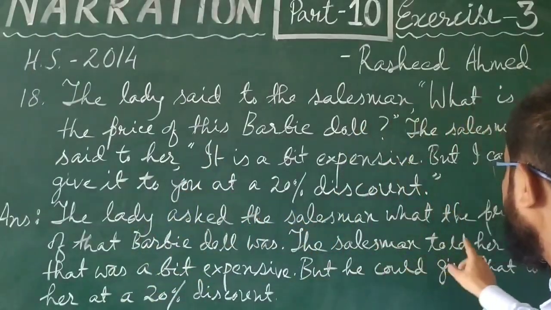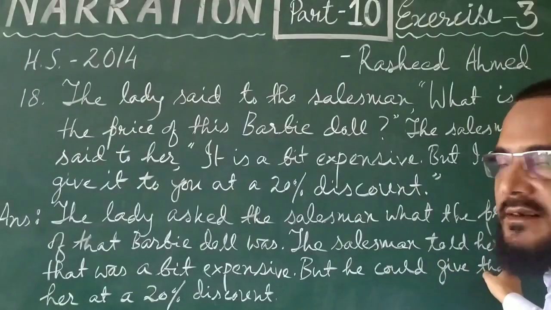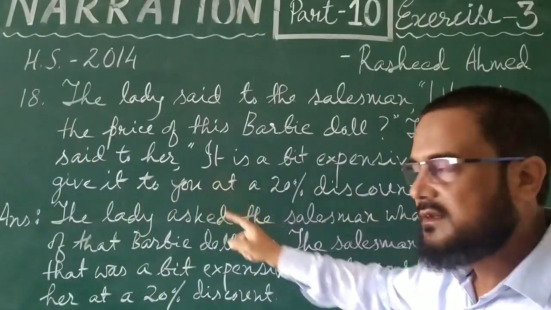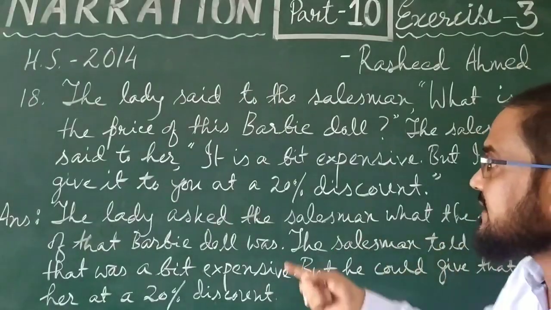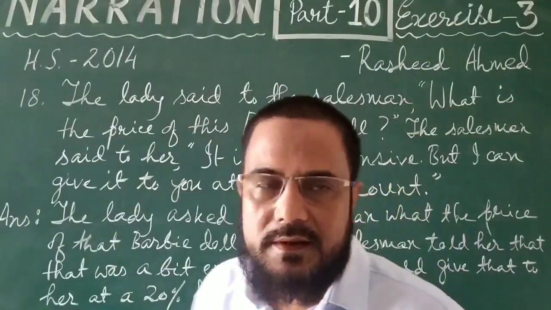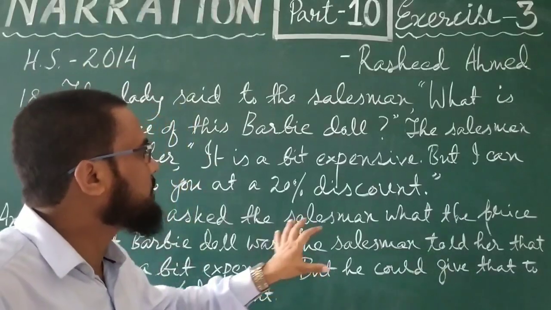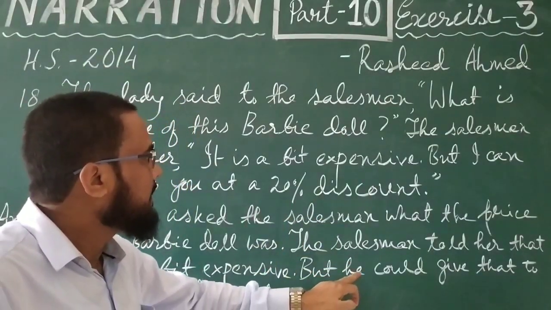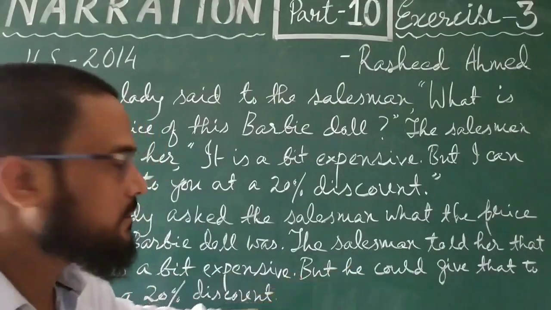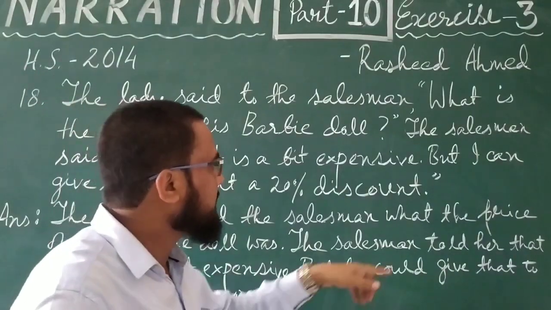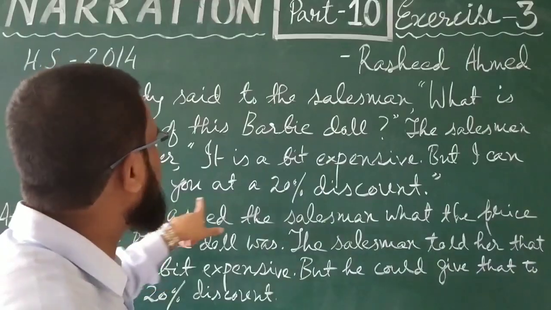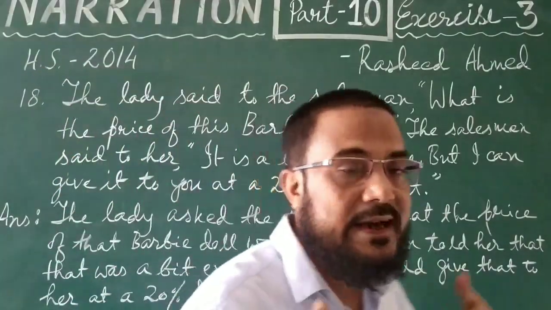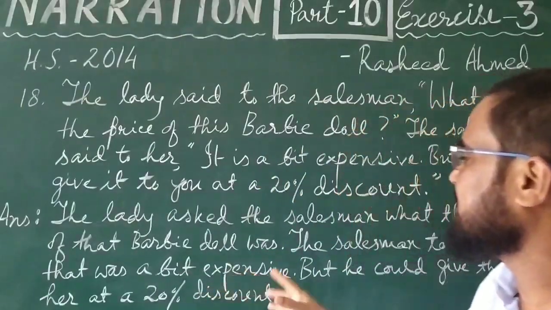The first "that" is the connector and the second "that" is used instead of "it." And the last sentence is, "But I can give it to you at a 20% discount." "I can give" will become "he could give," and "it" will again become "that": that he could give that to her at a 20% discount.